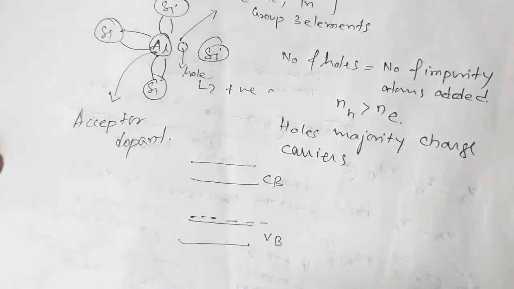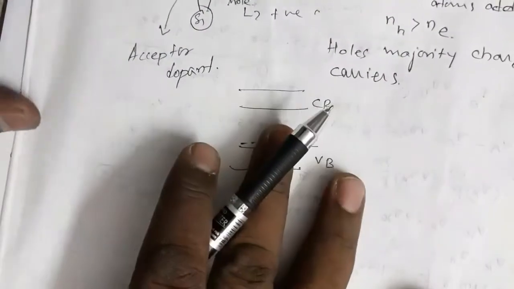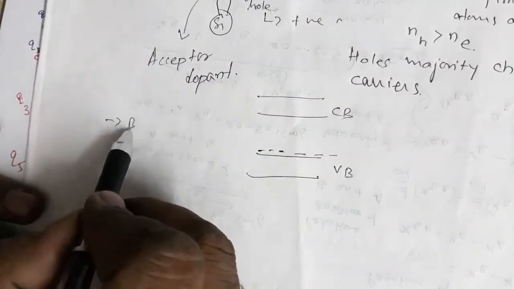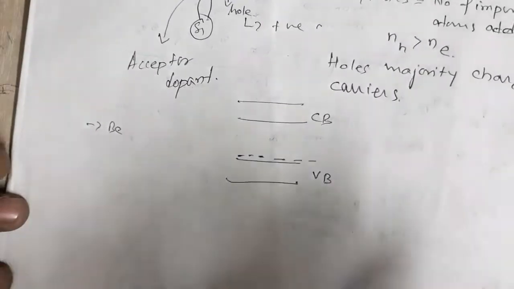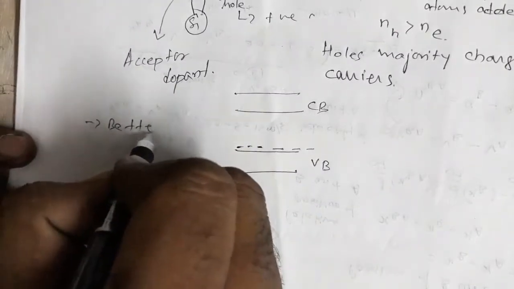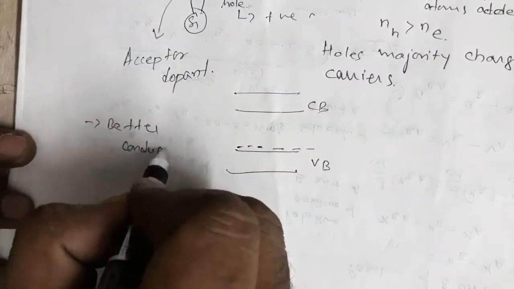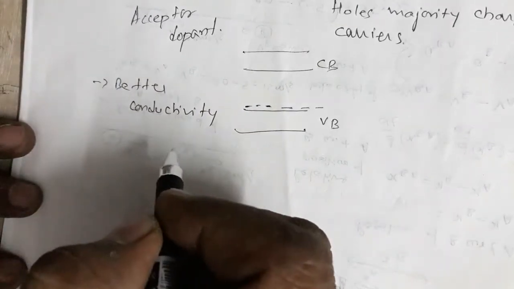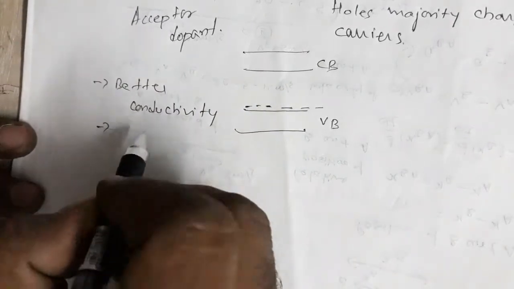Now let's see what the advantages are. Advantages of extrinsic semiconductors: one is better conductivity. Now conductivity is not temperature controlled.